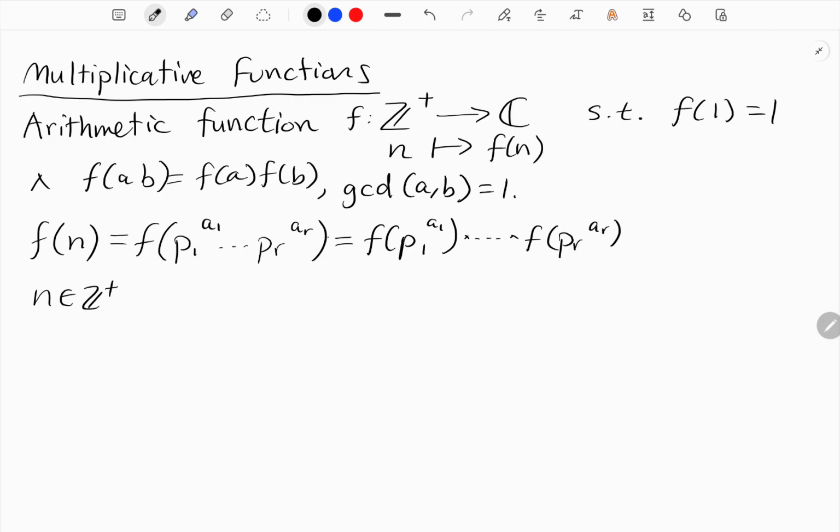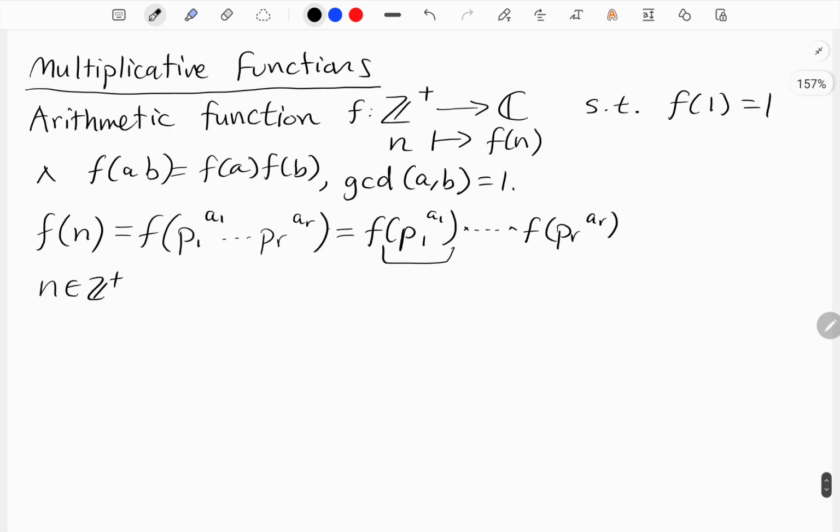So I cannot split this up, right, because p1 is not co-prime with itself. And similarly here, pr is not co-prime with pr, but p1, p2, they're all co-prime with each other. And even if you raise them with exponents, they're still co-prime with each other, so you can break it up like this.